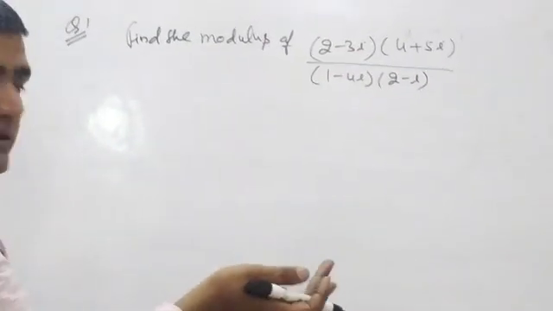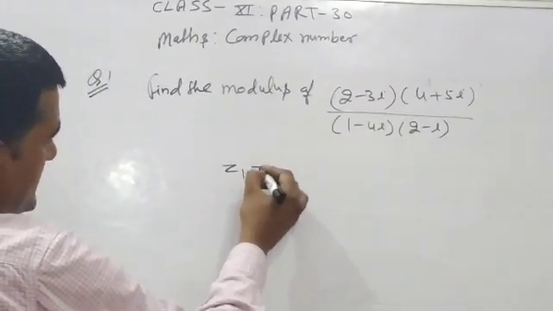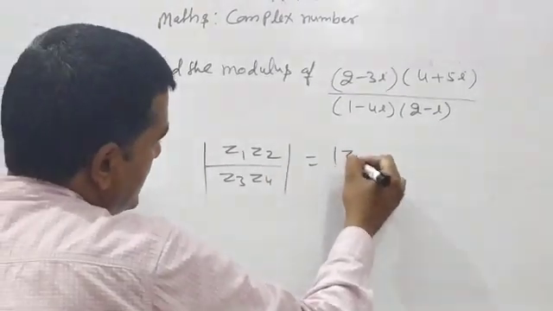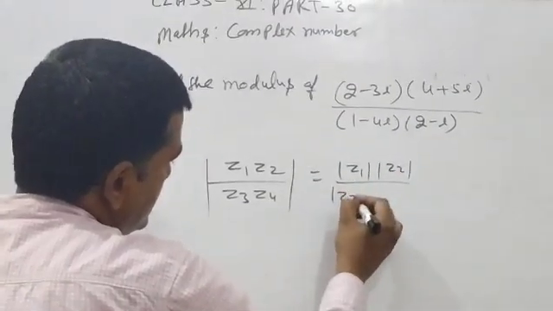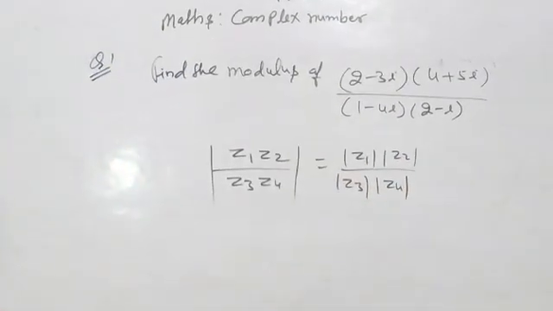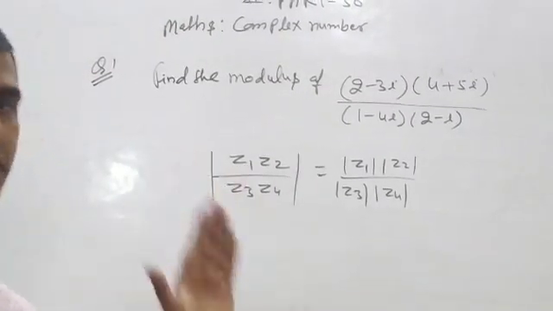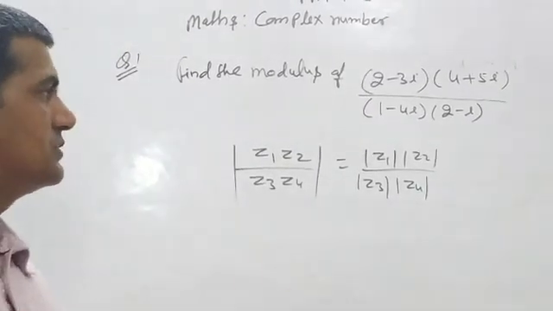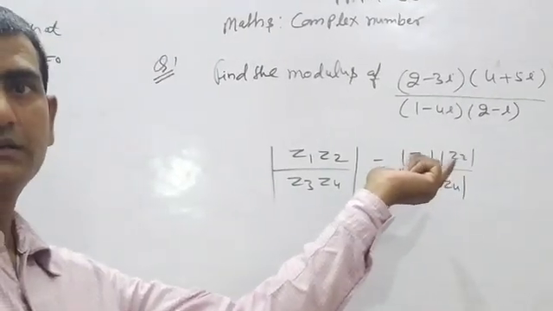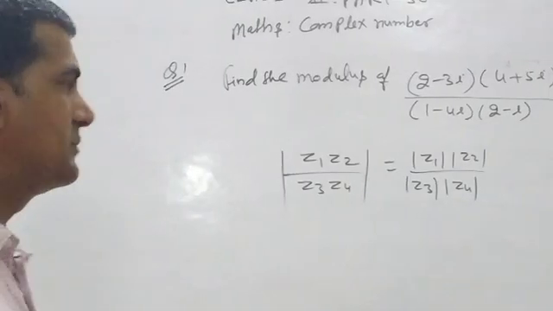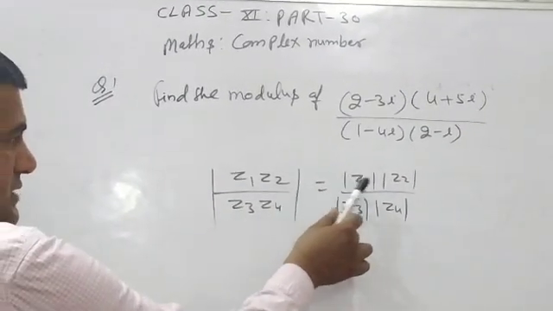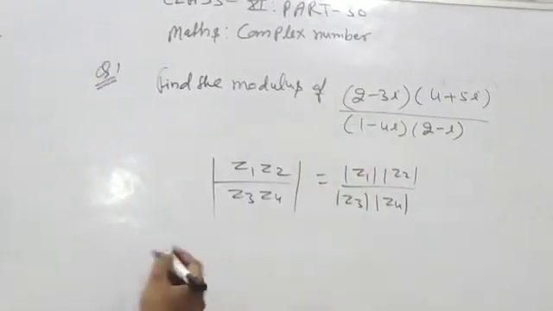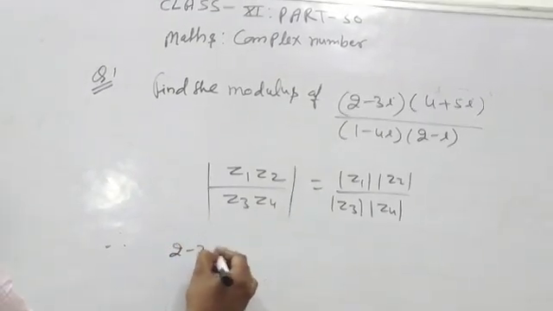I have told you that mod of z1 z2 upon z3 z4 is equal to mod of z1 into mod of z2 upon mod of z3 into mod of z4. It means if the whole mod is of many complex numbers in multiplication or division form, then it equals the mod of each complex number in the same multiplication or division form.